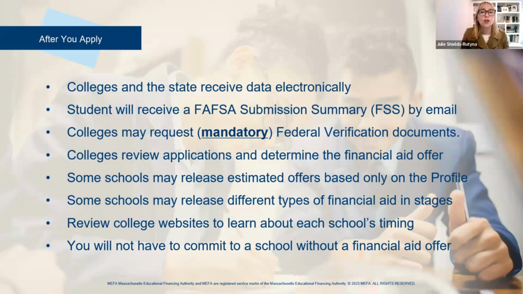So make sure you also talk to the colleges this year about each school's timing and when they will be giving their financial aid offers and when they will be complete, because you might want to wait. You might get a merit award at first, and you have to wait a little bit further for your federal financial aid. So you want to know when you have your complete award. But what's key to know is you will not have to commit to a college without a financial aid offer in hand.